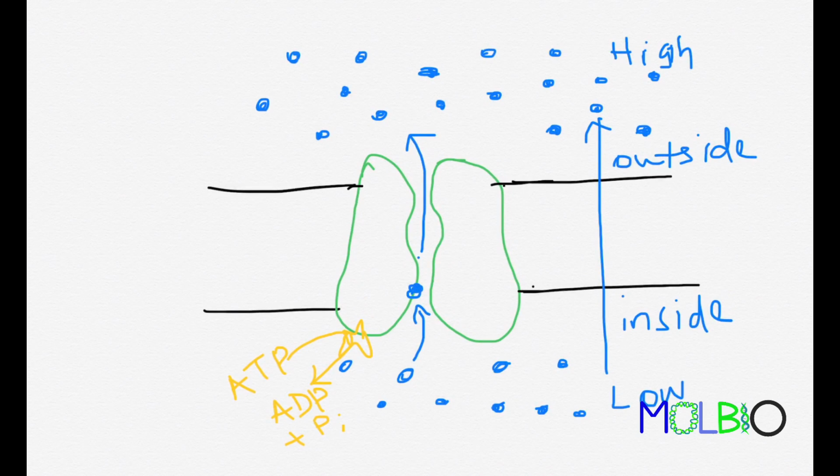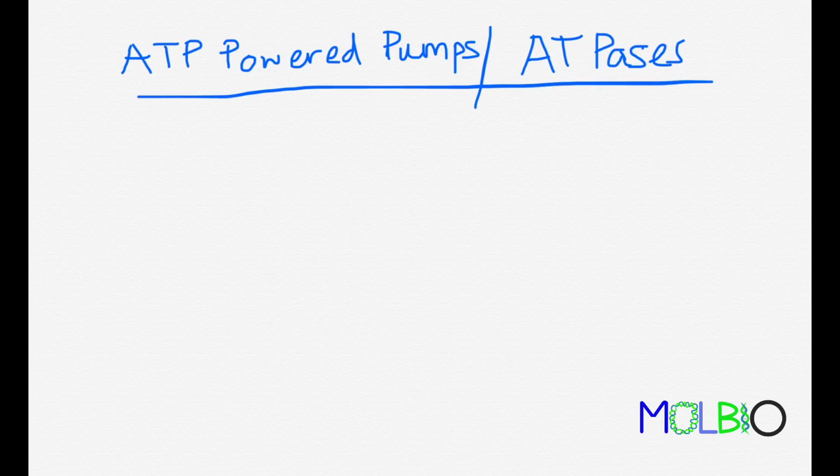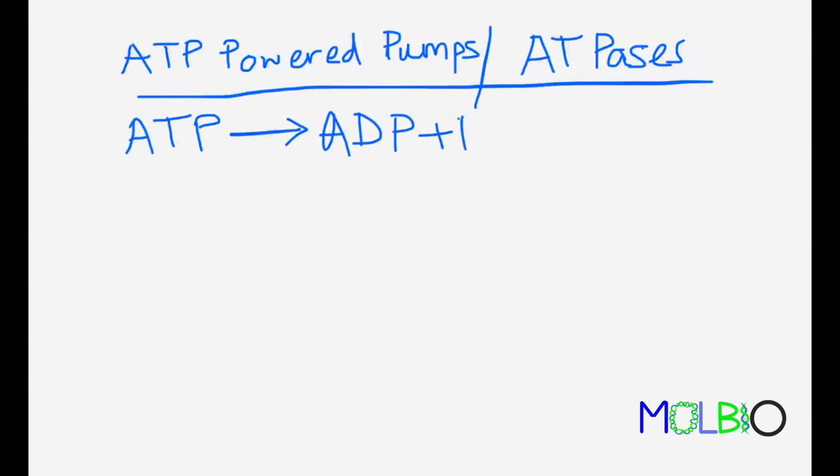Now we'll look into some classes of pumps that act on the cell surface or inside the cell. ATP powered pumps are also called ATPases because they break down ATP into ADP and inorganic phosphate, which also releases energy, and this is the energy which is used for different functions of the pumps.